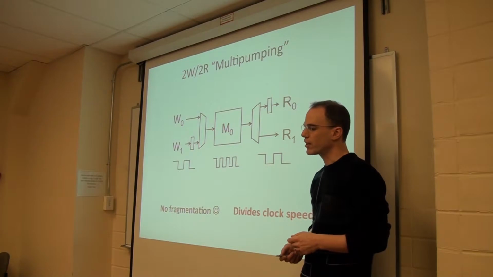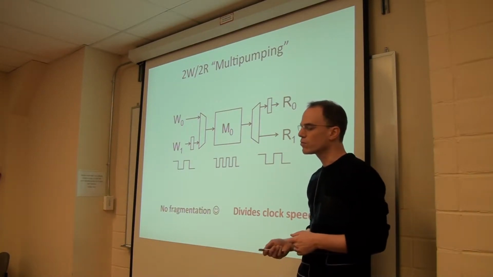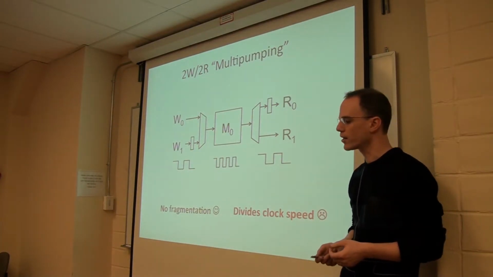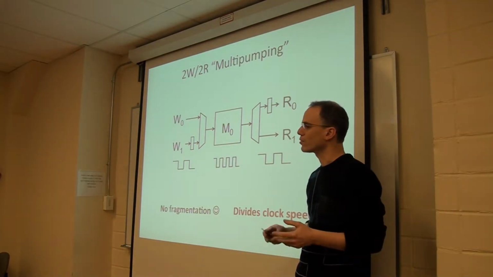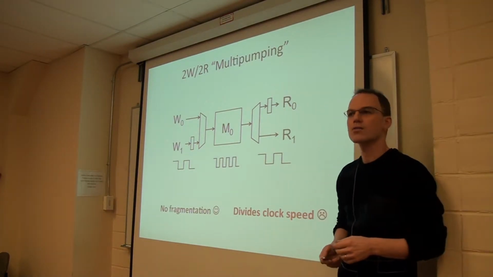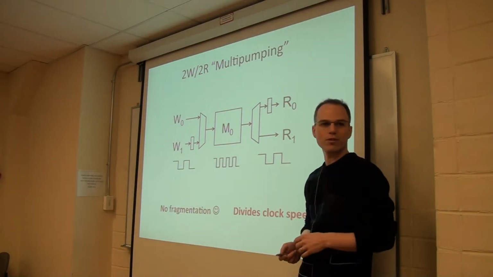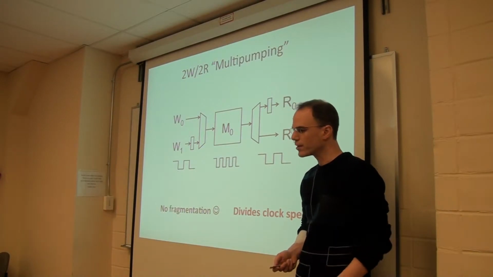So for example, here I could use a single 2-ported block RAM to provide 2 write and 2 read ports by clocking it at twice the frequency of the external clock. So this works fairly well. There's no fragmentation to worry about, no particular steering of reads and writes. However, it does run at some division of your actual clock frequency. So there's a frequency cost to the design.